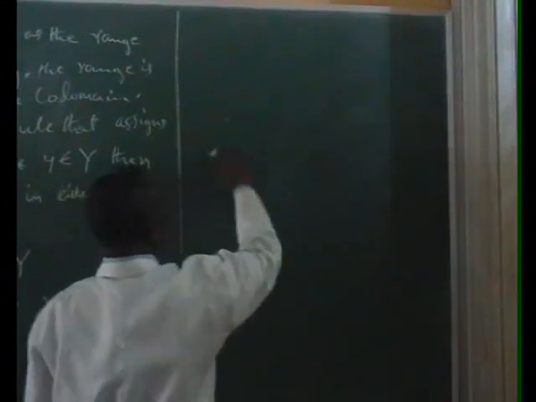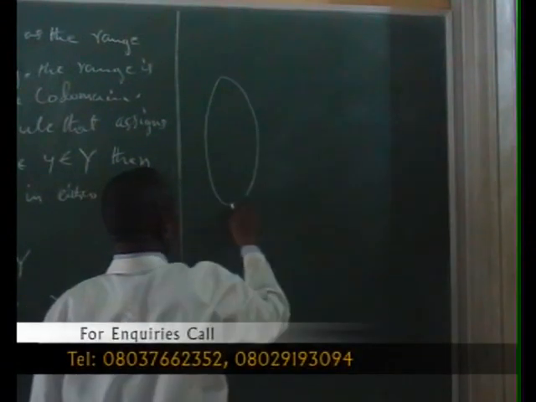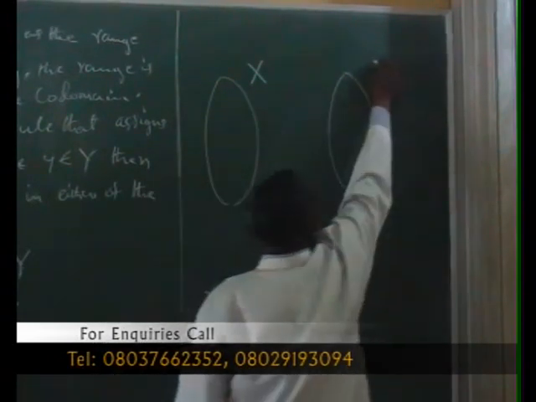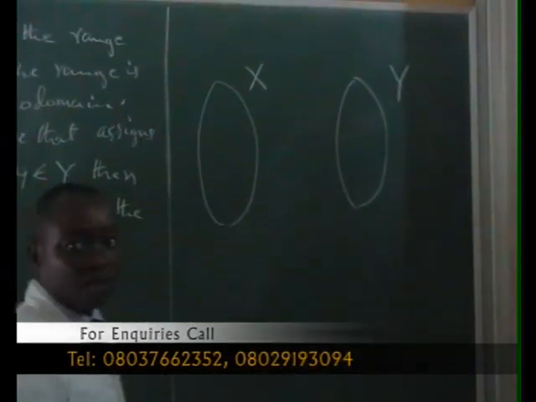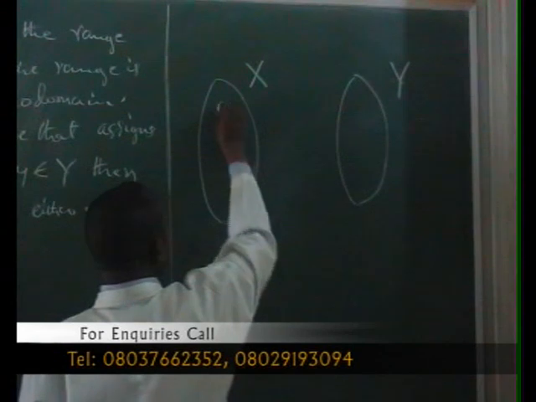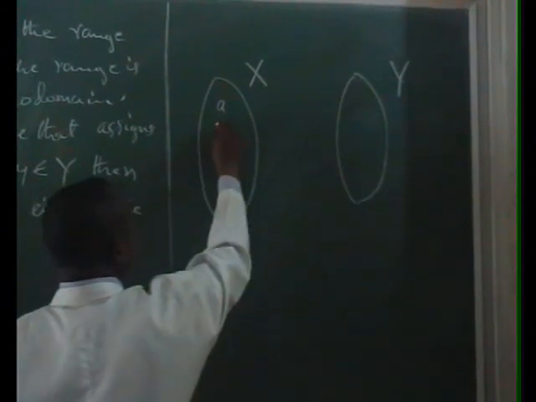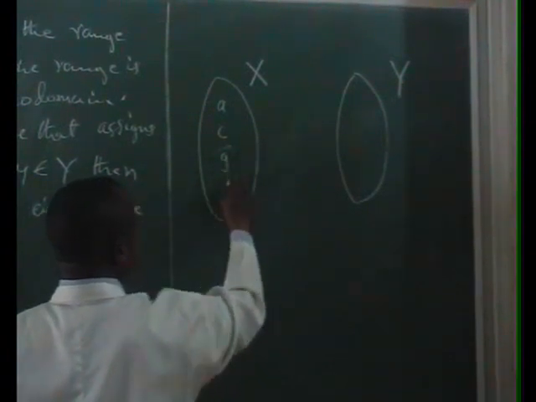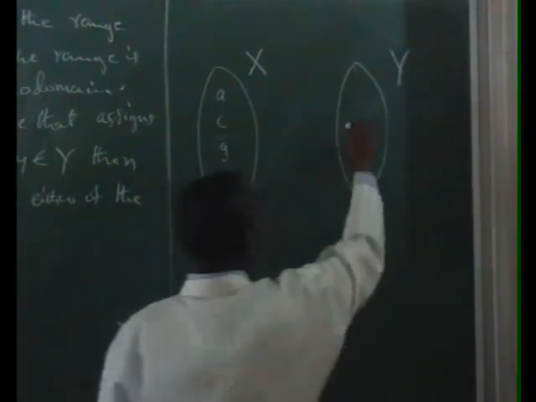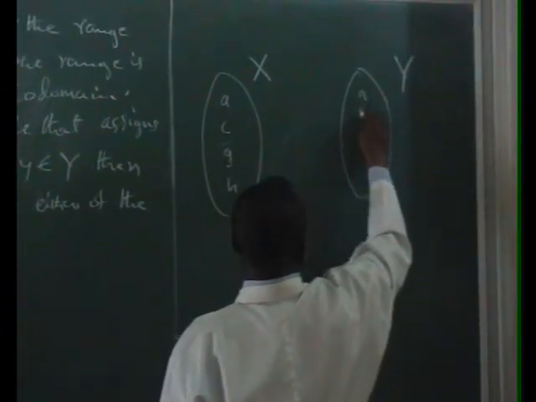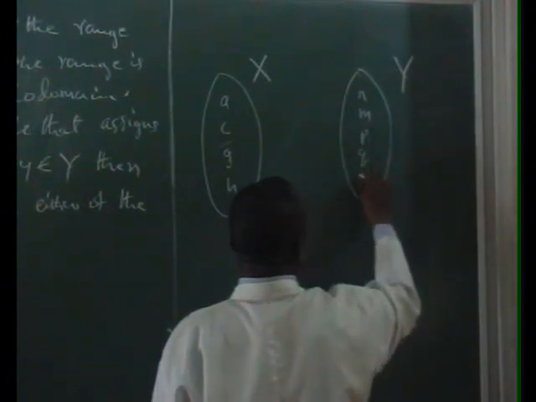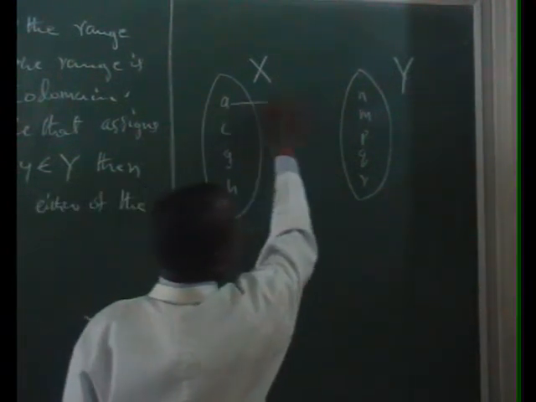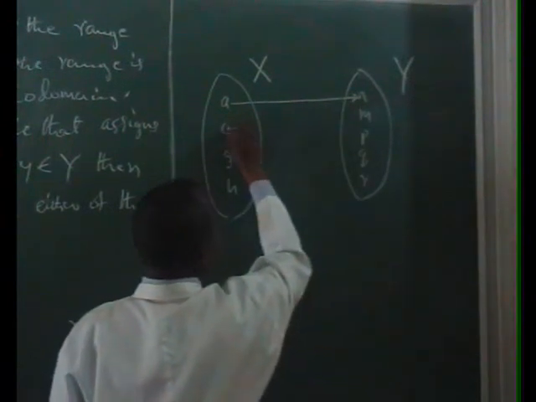We consider this diagram called arrow diagram. This is set X and this is set Y. These are the elements in X. We have A, C, F, or G, H, and they have other elements here such as N, M, P, Q, R. And there is a rule which assigns elements from here to here.